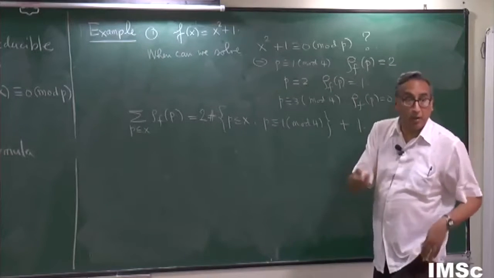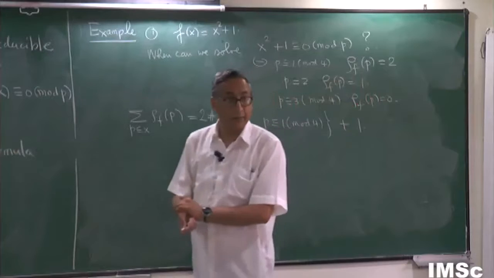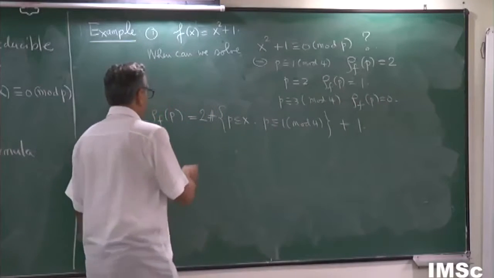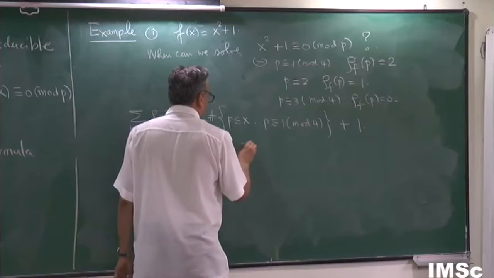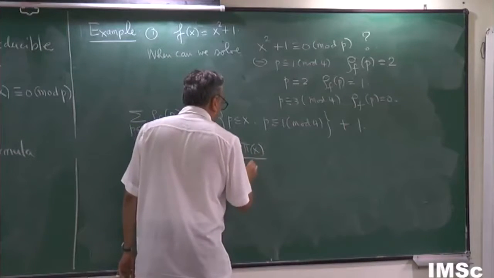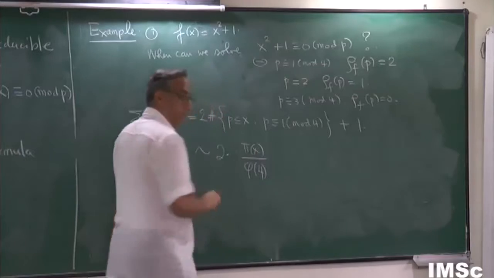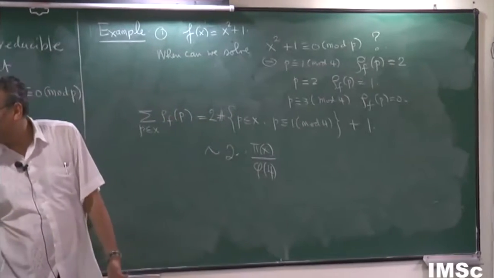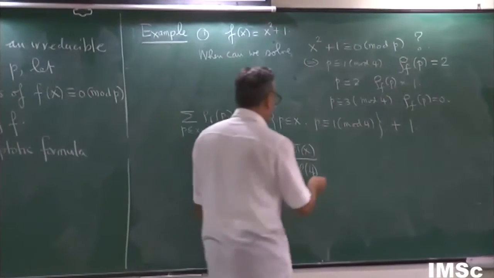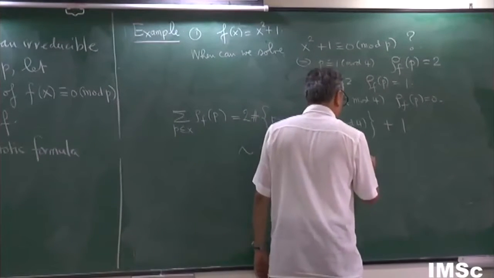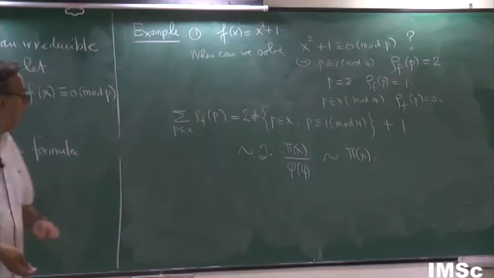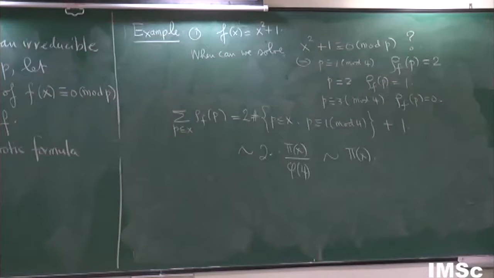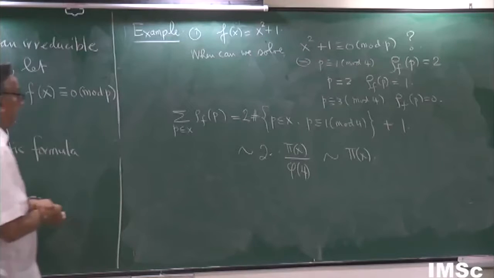But we did that. That was a special case of Dirichlet's theorem. We know that that's asymptotic to 2 times pi of x over phi of 4. Phi of 4 is 2. So this is asymptotic to pi of x.